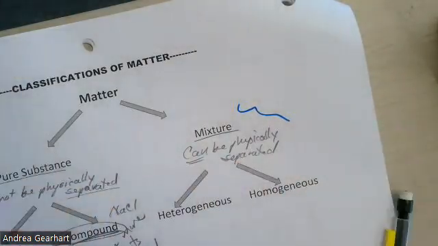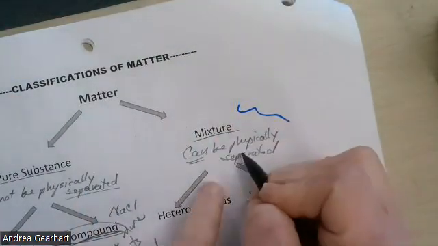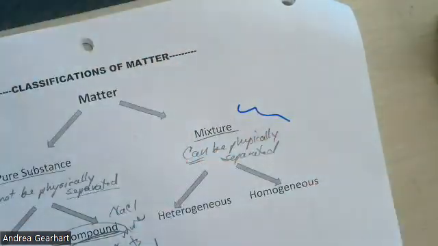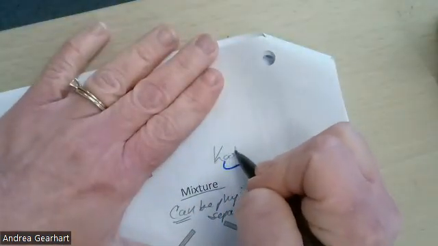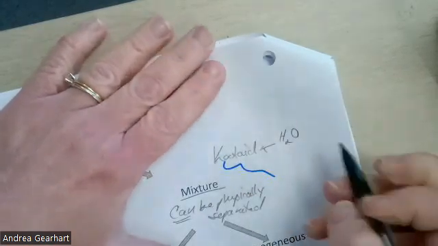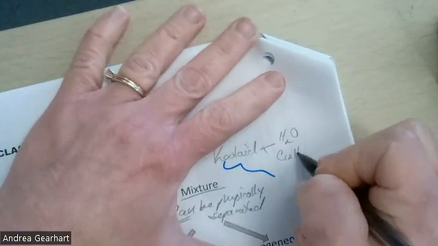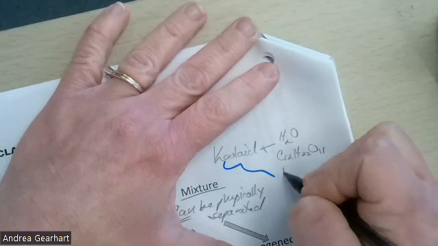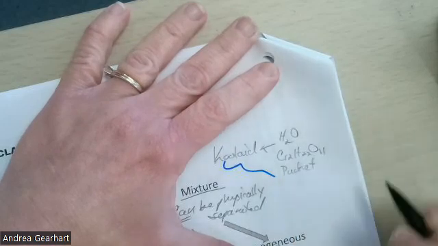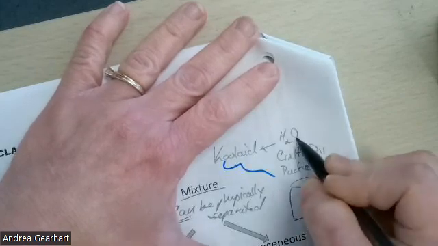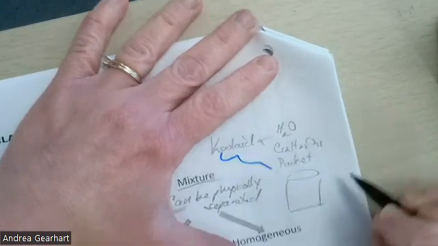A mixture can be physically separated because the pieces are physically put together. If we think of Kool-Aid, when we combine water with sucrose and the Kool-Aid packet that has the dye and the flavoring, water remains water, even though the sugar is dissolved in it.